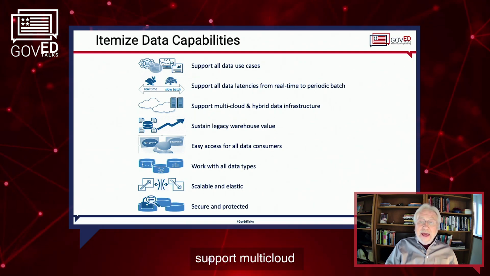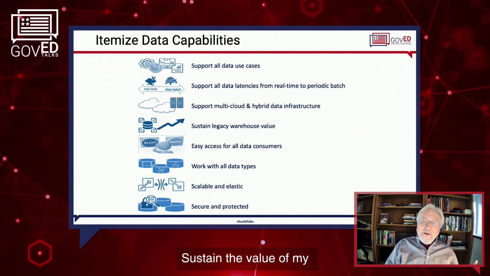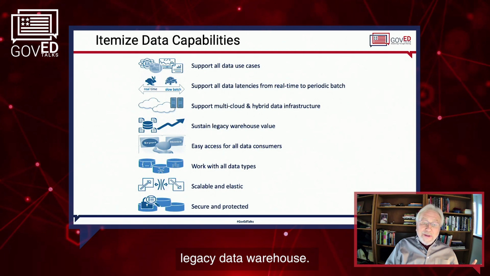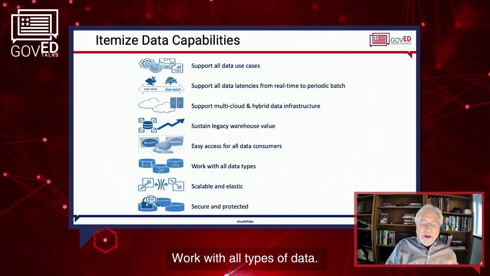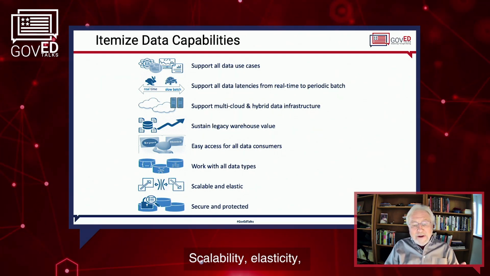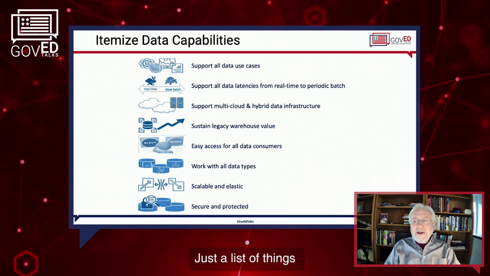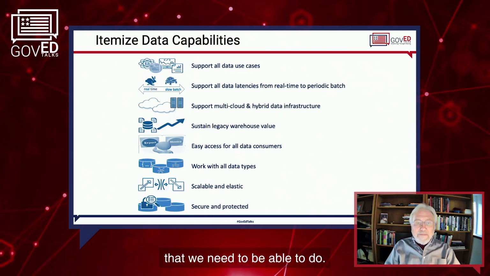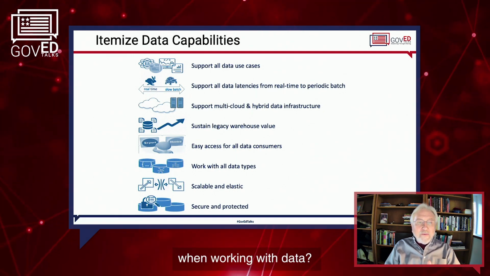Support multi-cloud and hybrid data infrastructures. Sustain the value of my legacy data warehouse. Provide easy access for all data consumers. Work with all types of data. These are examples. Scalability, elasticity, security, protection, just a list of things that we need to be able to do that are the capabilities when working with data.